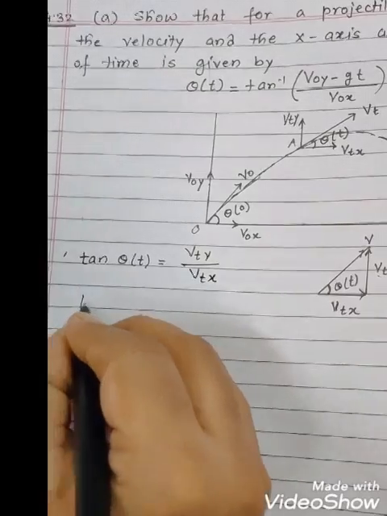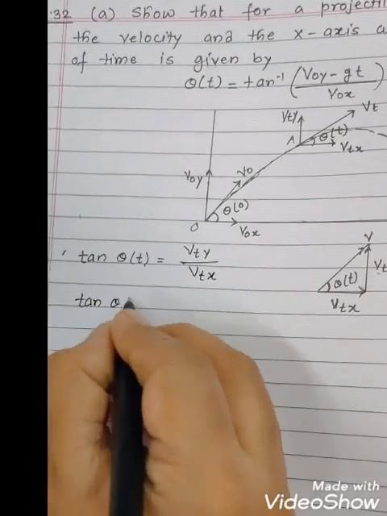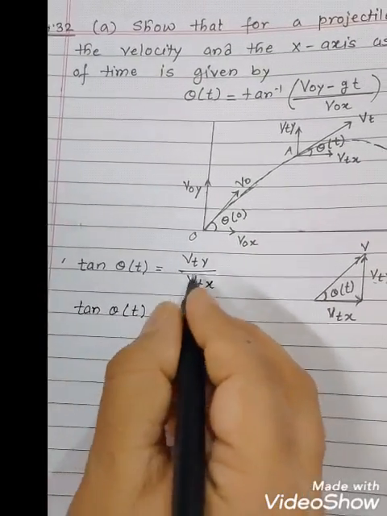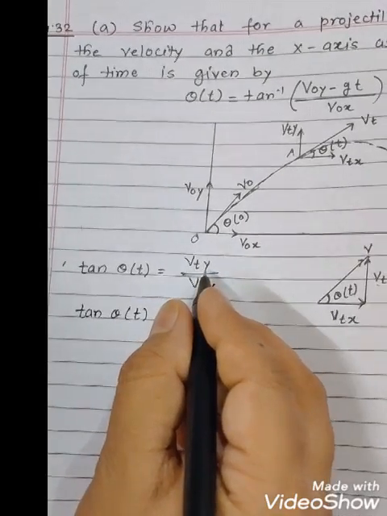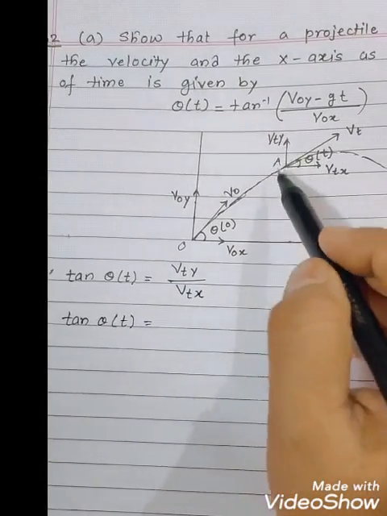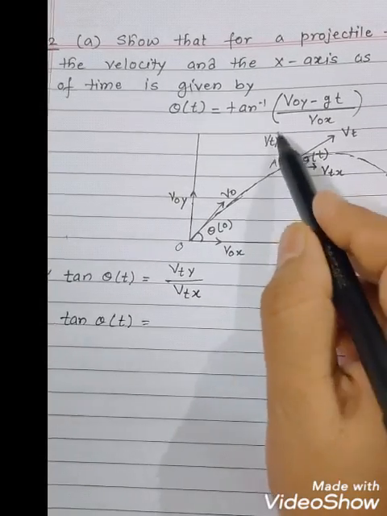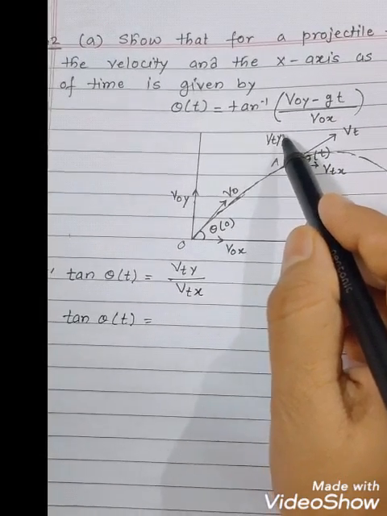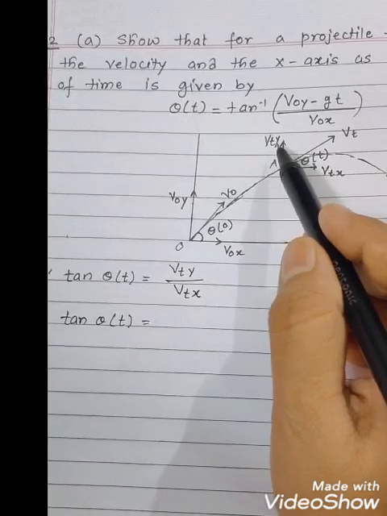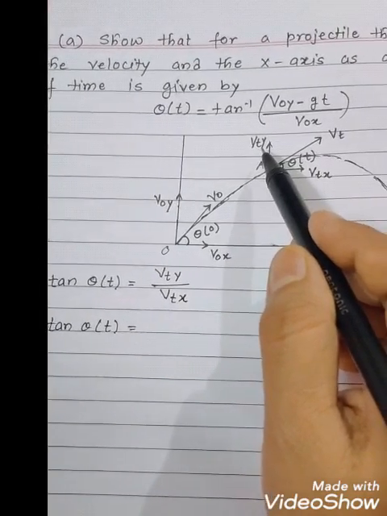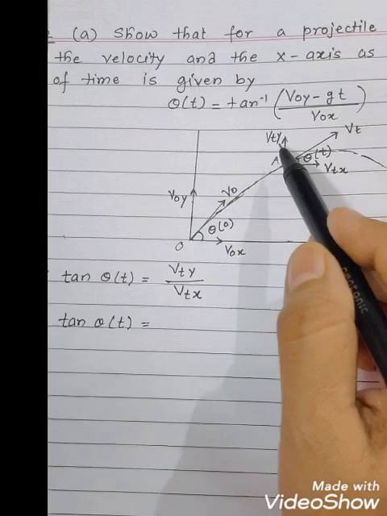Now we'll see this tan theta t is equal to vty. That means simply you can say this is the vertical component vty in this direction, for which we just apply the formula v is equal to u plus at.